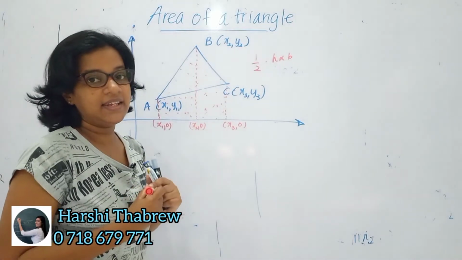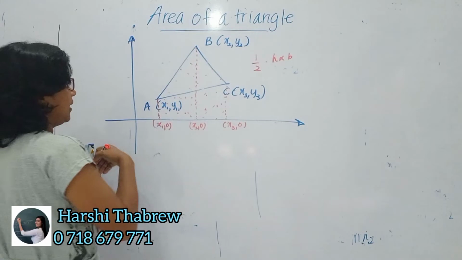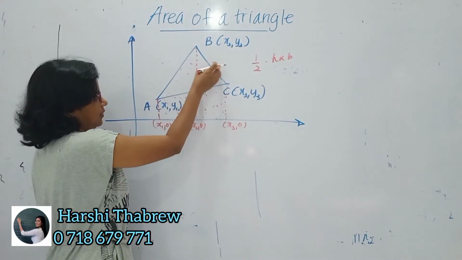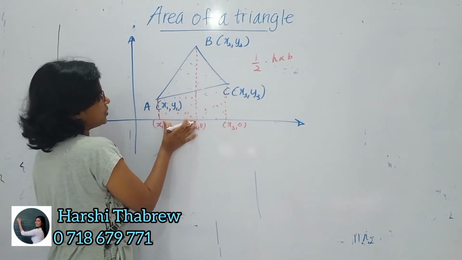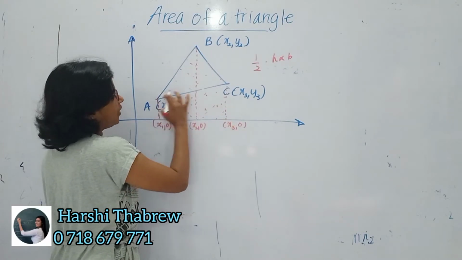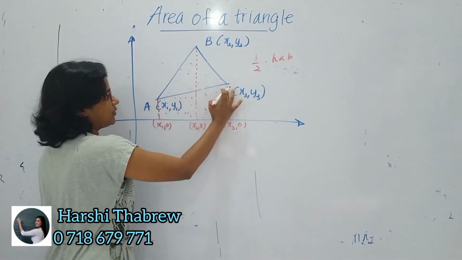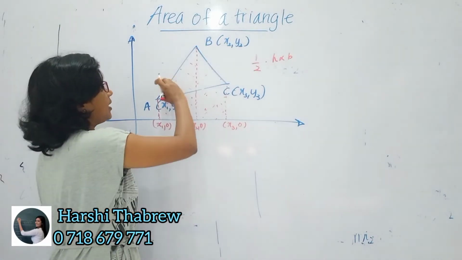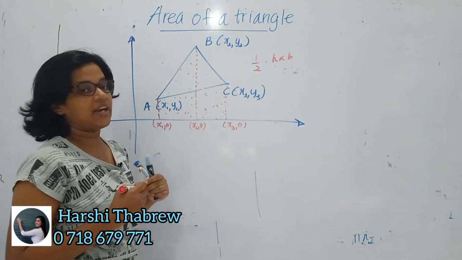Right? Then if I add the areas of these two trapeziums, and if I reduce the area of this whole trapezium, then I will be able to get the area of the triangle ABC.